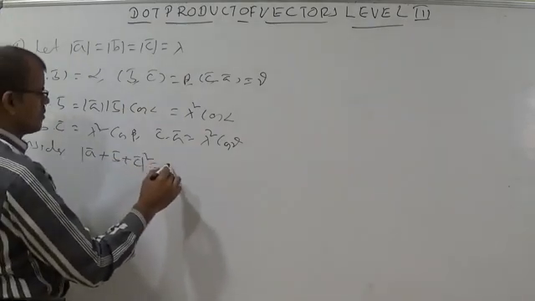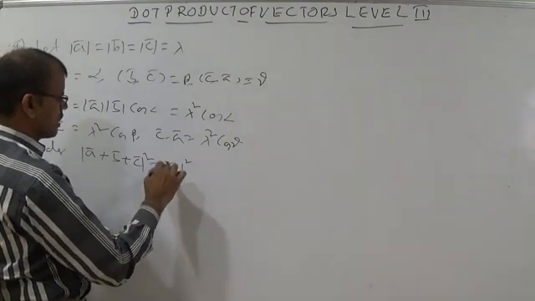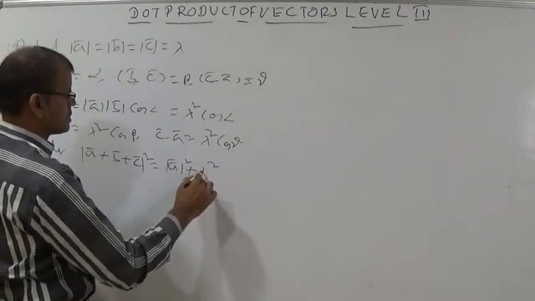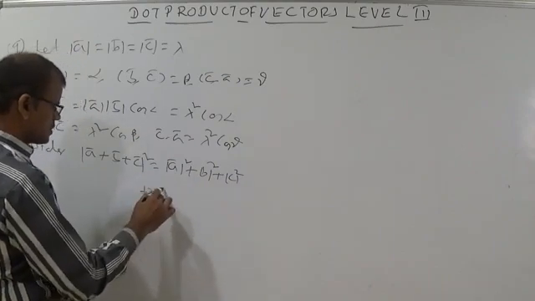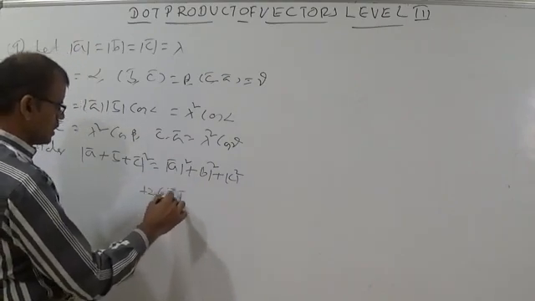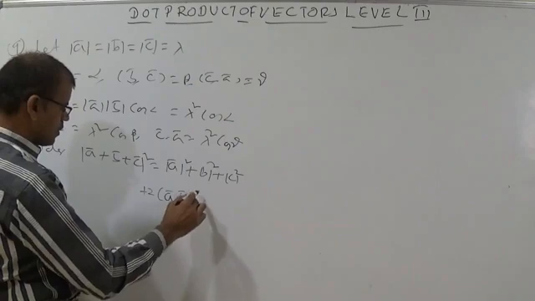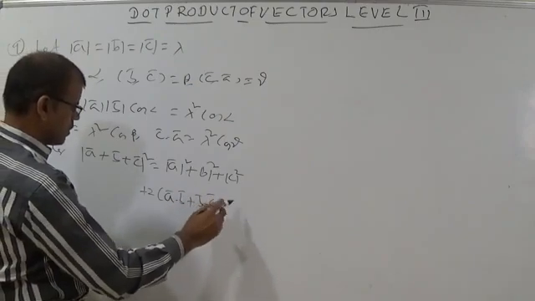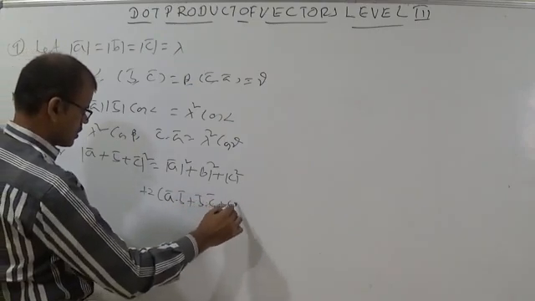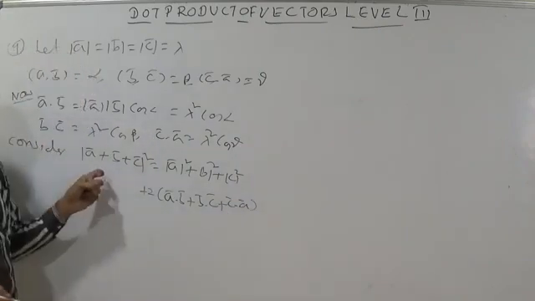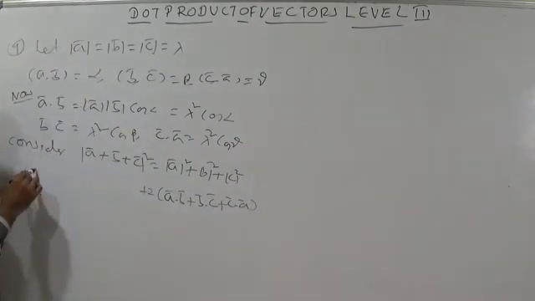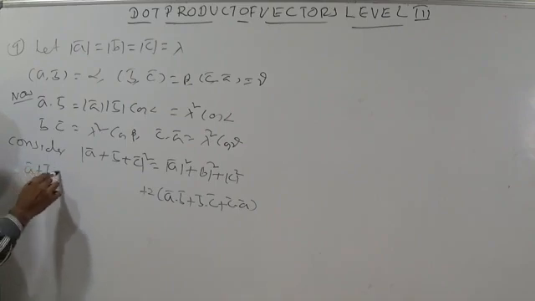A bar plus B bar plus C bar whole square form I am saying: mod A square plus mod B square plus mod C square plus 2 into A bar dot B bar plus B bar dot C bar plus C bar dot A bar. This is dot, don't think it is minus. We know that every square is greater than or equal to 0.